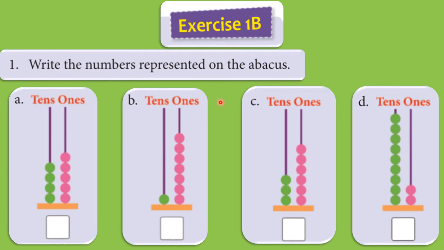So here we have 4 sub questions A, B, C and D. In each of these we are given a picture of an abacus with different number of beads, and we have to look into these abacus and write the number represented by this abacus in the box provided just below the abacus. Let us do it one by one.